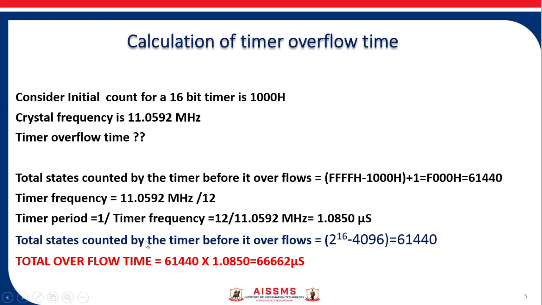In that case, the maximum count for a 16-bit timer is 2 raised to 16, which is 65536, minus the initial count, which is 4096. 4096 is the decimal representation of 1000H, and straight away you get the number 61440. In this way you can calculate the timer overflow time.